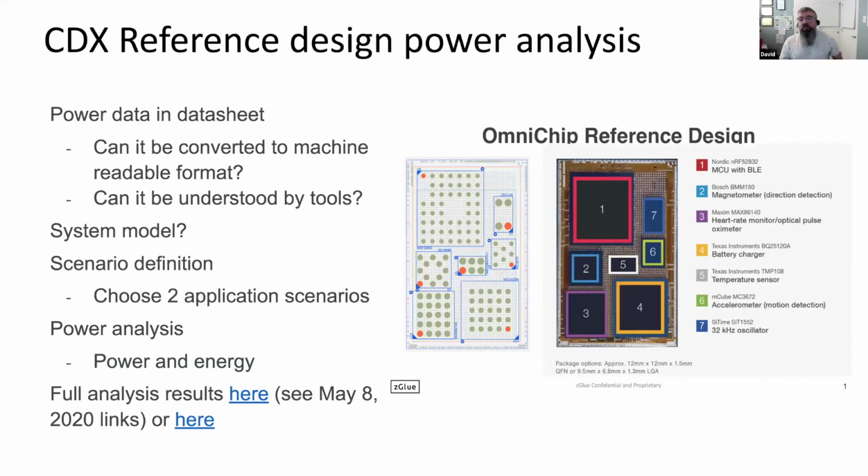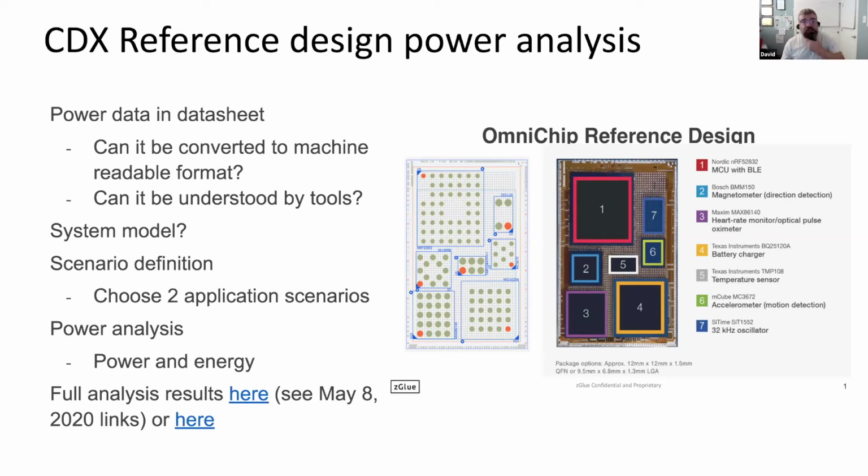All right. For this exercise at CDX, we used a design that was contributed by Ziglu. It's a 7-chiplet system. It's tiny, but it's a perfect vehicle to demonstrate what the capabilities of this flow are. We were not striving to model a full rack of chips and so on. This would demonstrate the same capability as well.